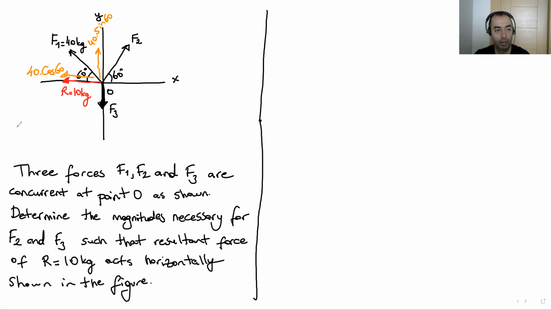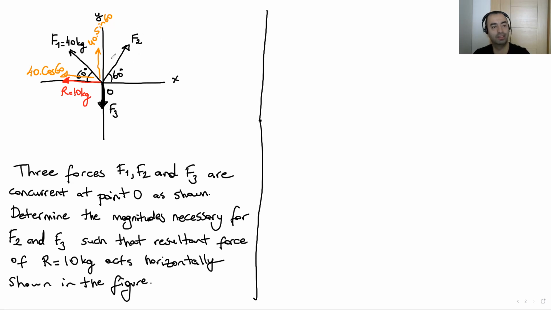Okay. Any question for this one? Can you see easily how to resolve these type of forces? Is there any question, any comments for this part? Nope. Okay. Let's use pink. Here, what we have F2.